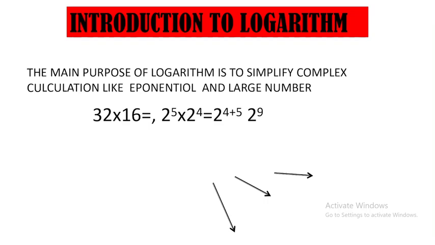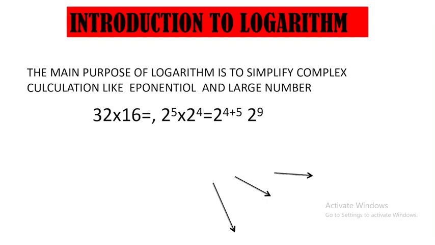By using the rule of indices, when we have the same base and different powers, we take one base and add the powers when we have the multiplication sign.